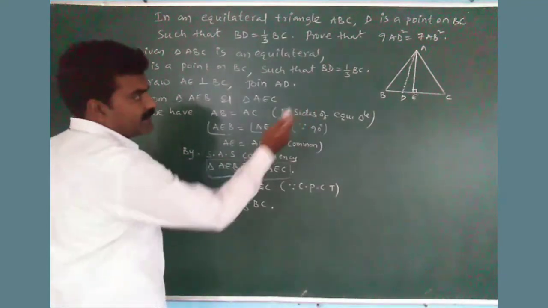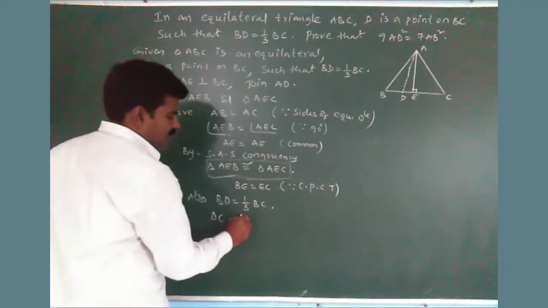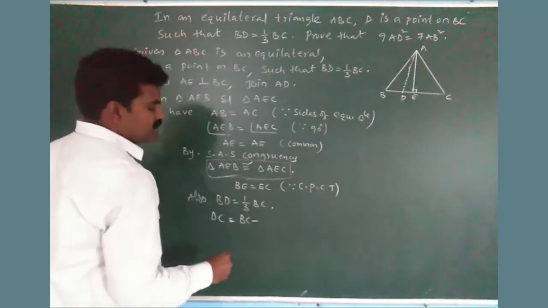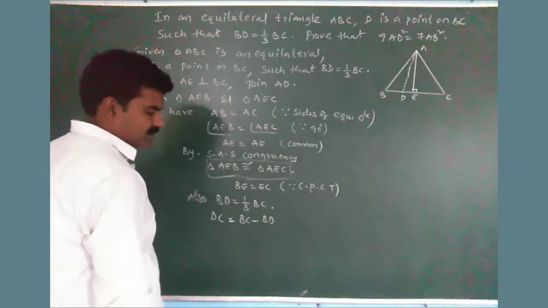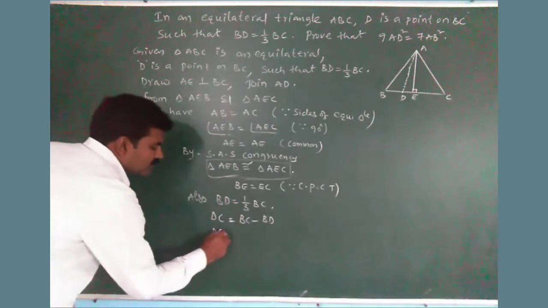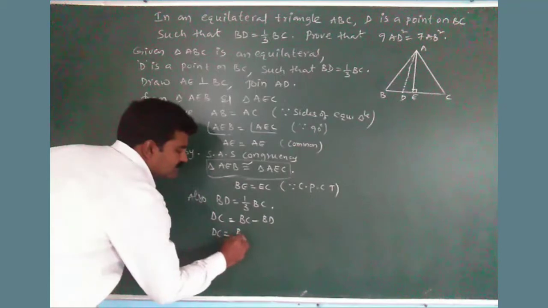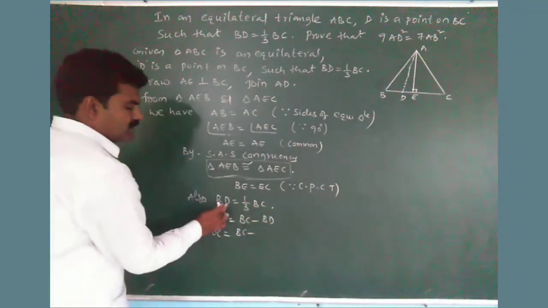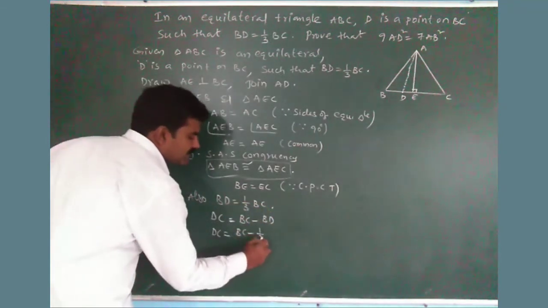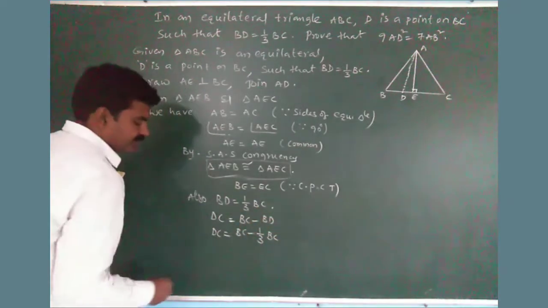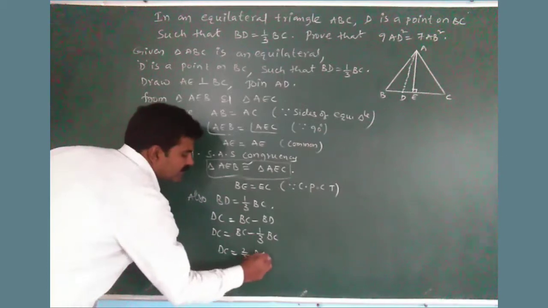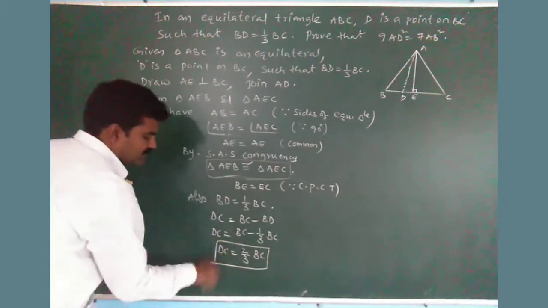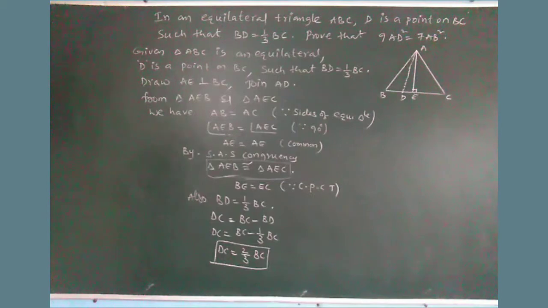For DC, from the entire side BC minus BD, we get DC. So DC is equal to BC minus BD, whereas BD is equal to 1 by 3 into BC, and finally this is equal to 2 by 3 of BC. DC is equal to 2 by 3 of BC.